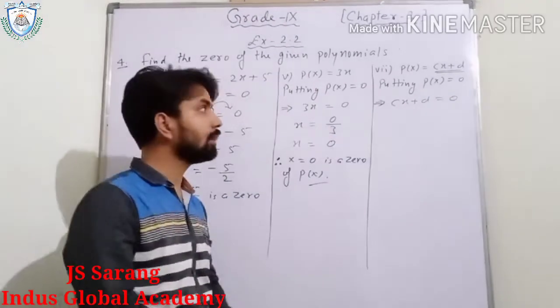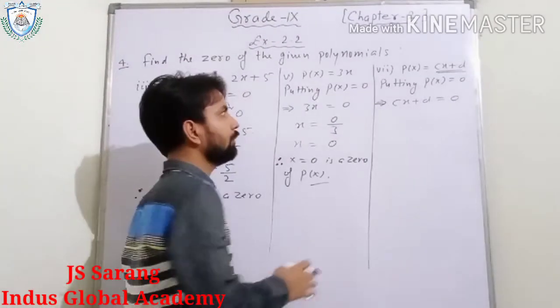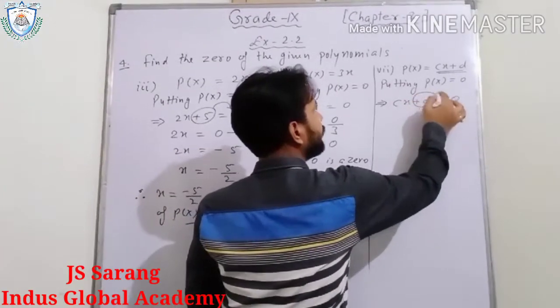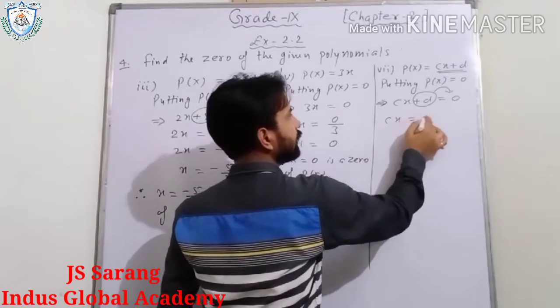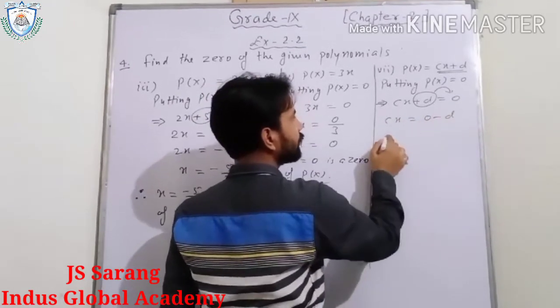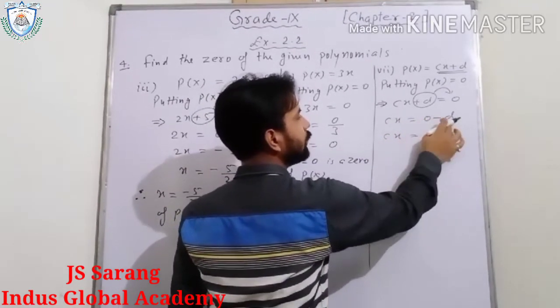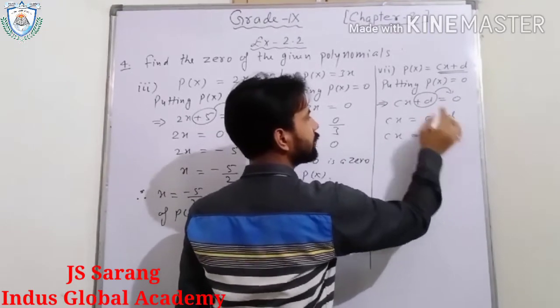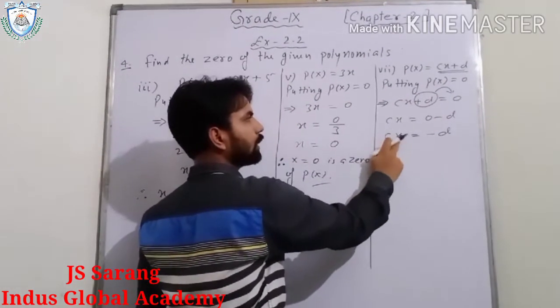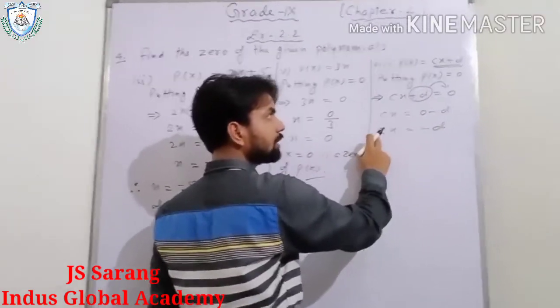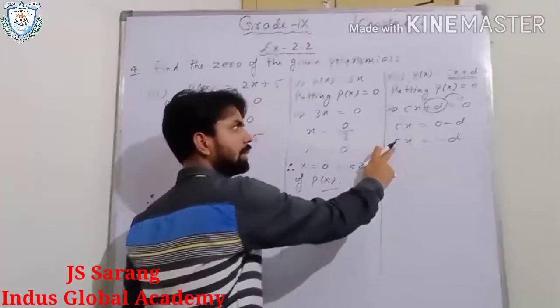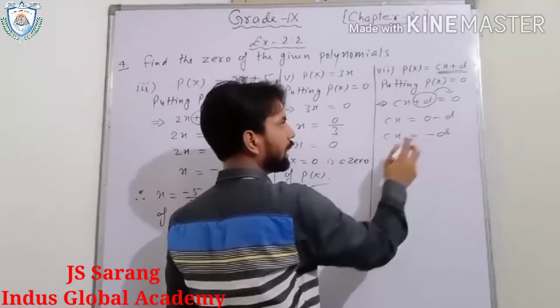We have to find the value of x here. So what we will have to do? This plus d, we will shift to the right hand side. So cx equal to 0 minus d, which gives minus d. Now c and x both are in multiplication. So if we shift this c to the right hand side, this c will move to the denominator of minus d.